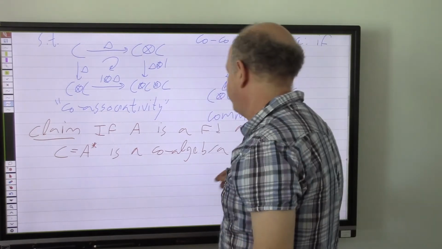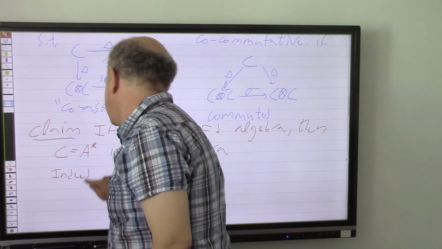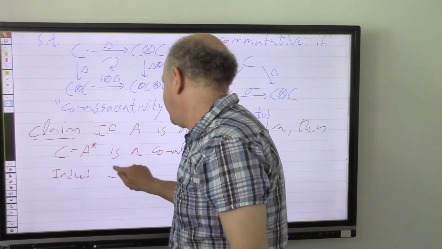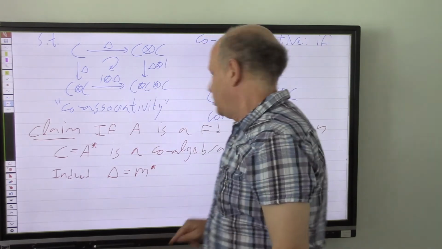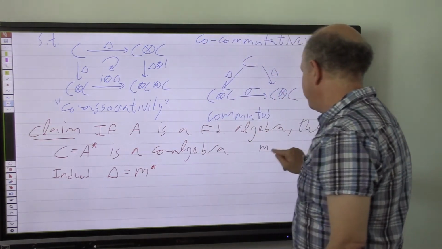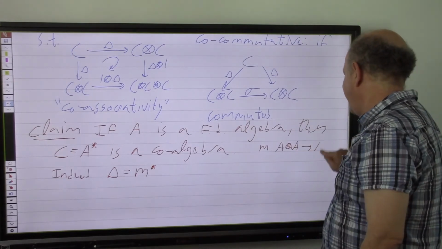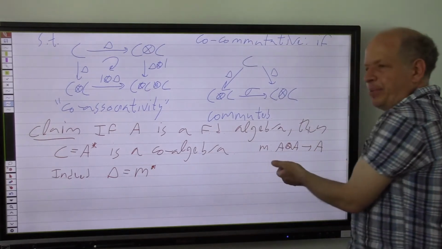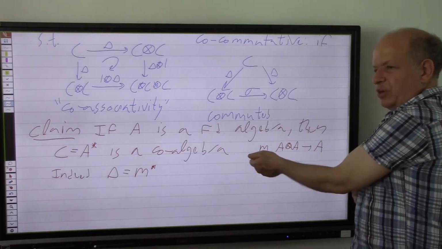Indeed, you set delta to be the adjoint of M. Remember, M was a map from A tensor A to A. Whenever you have a map between vector spaces, you have an adjoint map going the other way.